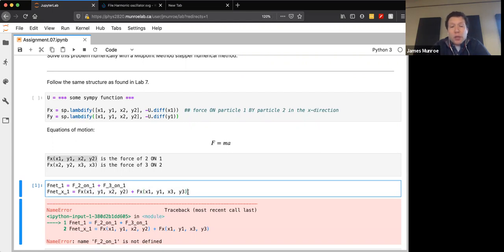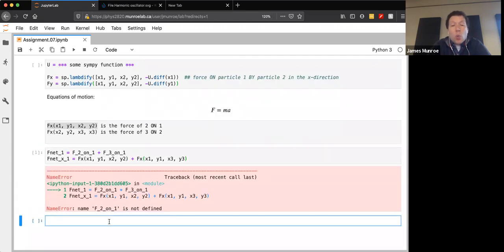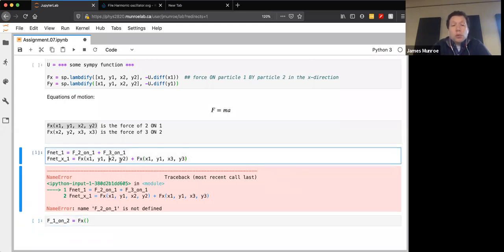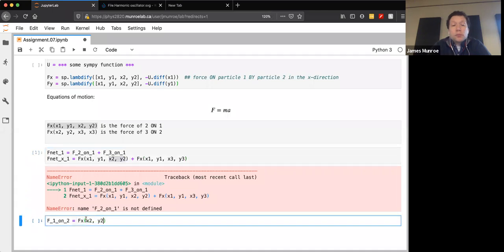that will give us a certain value. If I wanted to figure out what the force of 1 on 2 is, okay, well, the force of 1 on 2, this would work.